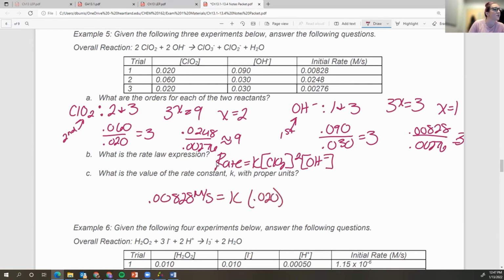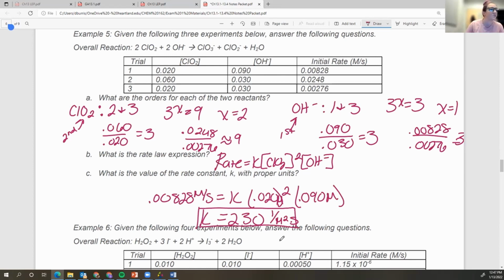So 0.020 squared, oh, that's molarity, times 0.090 molarity, not squared. I would get that K is 230. And my unit is 1 over molarity squared times seconds. So this would be my answer. And it's third order overall. Okay, right? Because 2 plus 1 is 3.